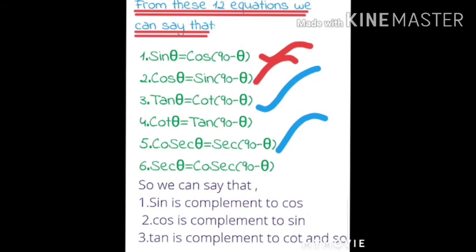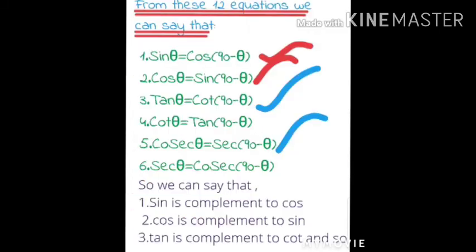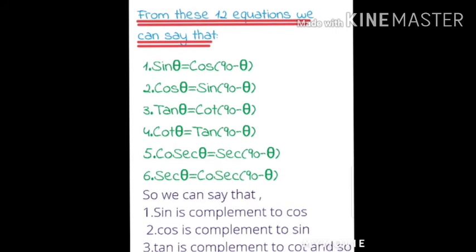And the next one: sec theta is equal to BC by AC, and cosec 90 minus theta is also equal to BC by AC. So from the 8th and 9th equations, sec theta is equal to cosec 90 minus theta.